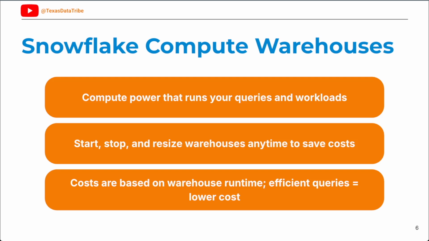So when we're thinking about a Snowflake compute warehouse, or as Snowflake calls them, just a warehouse, think of it as what actually does the work. It provides the compute power that you need to, again, process your queries. And I call them compute warehouses because the term warehouse in the whole sphere of the data world actually has multiple connotations.